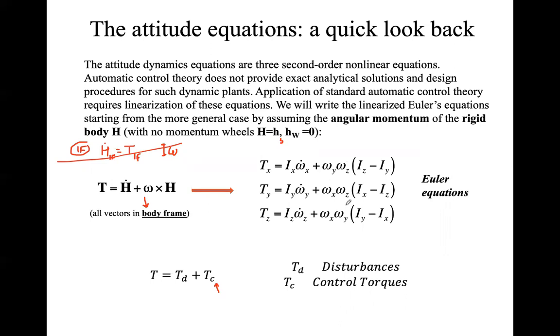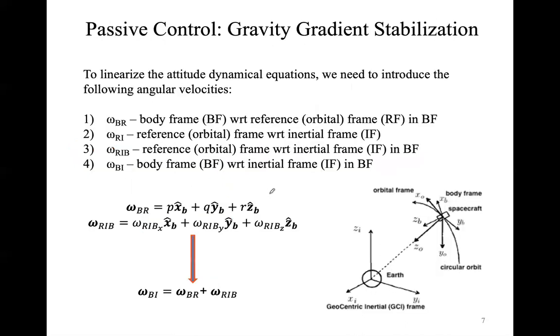That's the reason why we want to determine the dynamical equations with respect to small angles, so small variations of the body frame with respect to the orbital reference frame. Are there any questions so far, or can I go ahead?